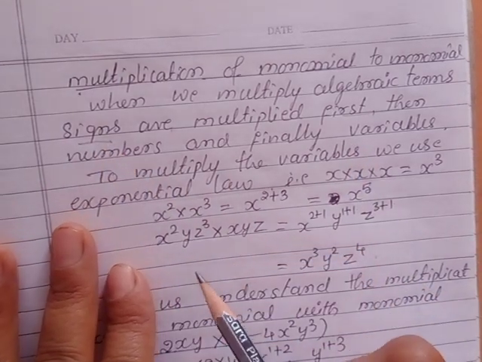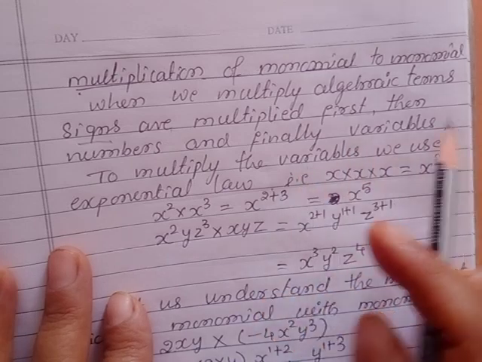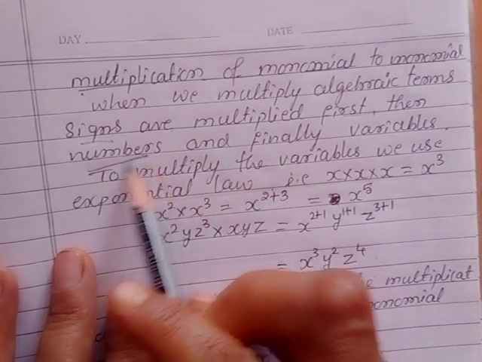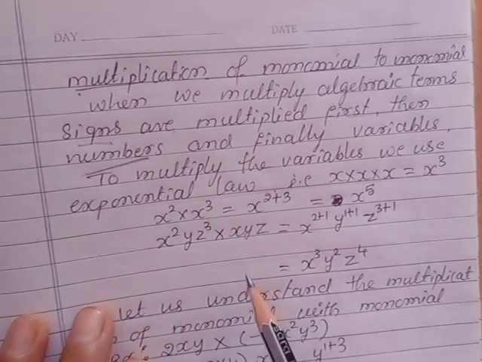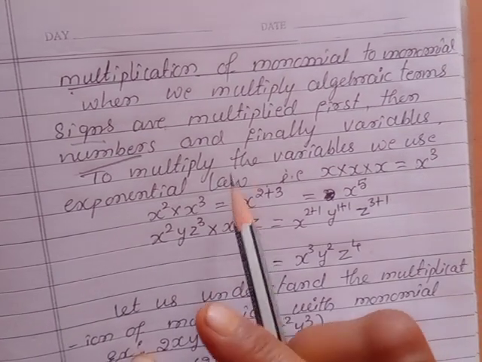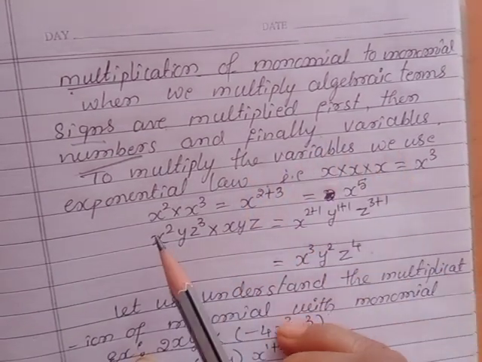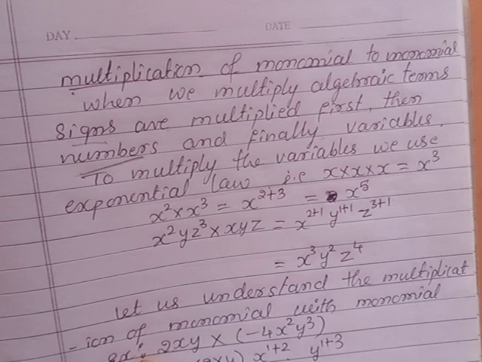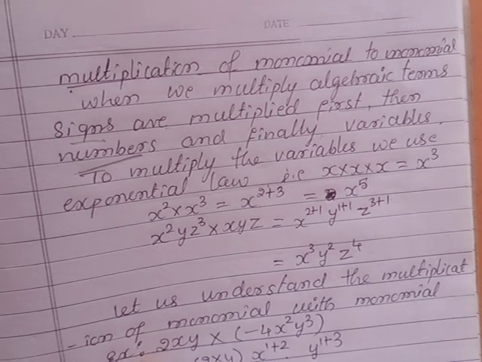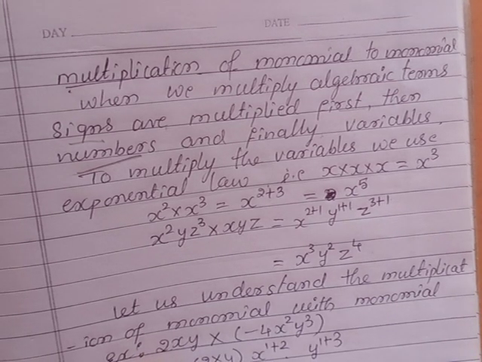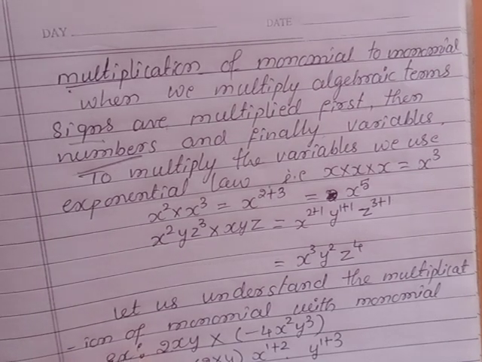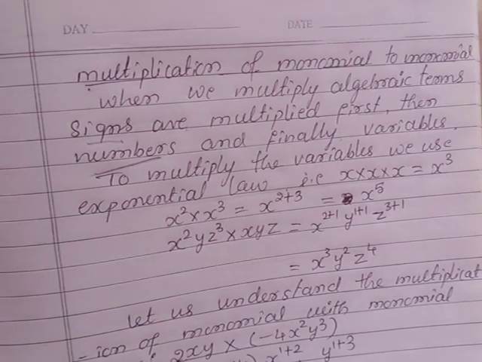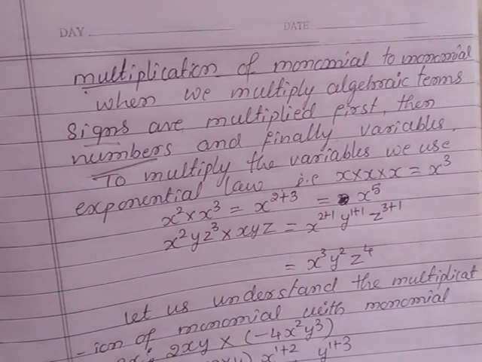Then you have to multiply the numbers, that is numerical coefficients, and finally the variables also. And one more thing, here there is no condition that they should be like or unlike. Whatever it is, we can multiply the algebraic terms.